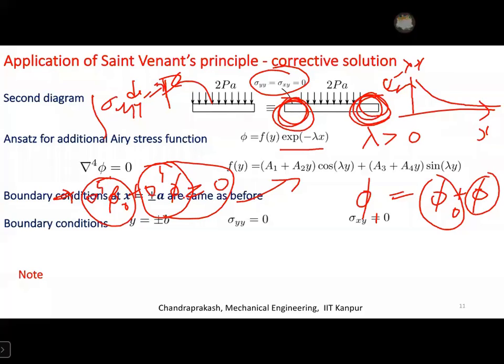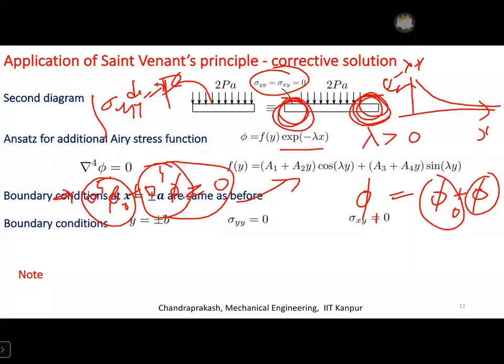Cosine is an even function because cosine of minus theta is cosine theta, so it is symmetric about the y-axis. Whereas sine of a variable is an odd function, as in sine of minus theta is minus sine theta.